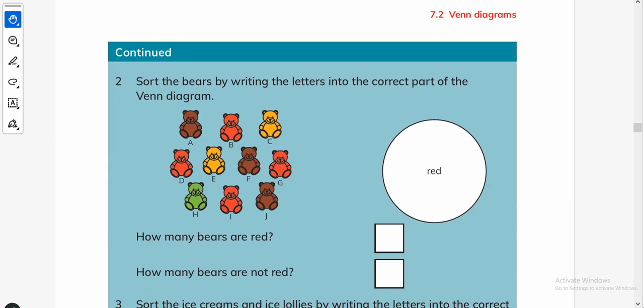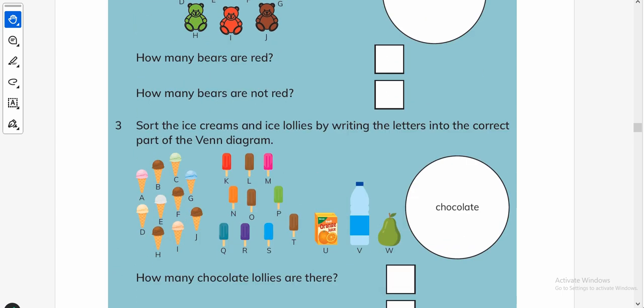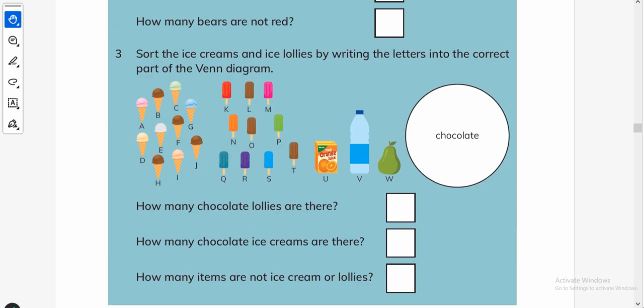Okay, continued. Sort the bears by writing the letters into the correct part of the Venn diagram. Red bears. It is easy, you can do it. Okay, sort the ice cream and ice lollies by writing the letters into the correct part of the Venn diagram.